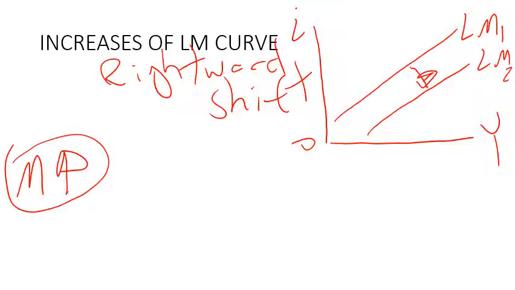These are the two most important tools of monetary policy, and that would increase the money supply, and in turn that would shift the LM curve rightward.